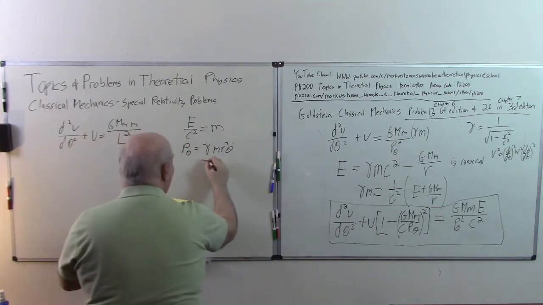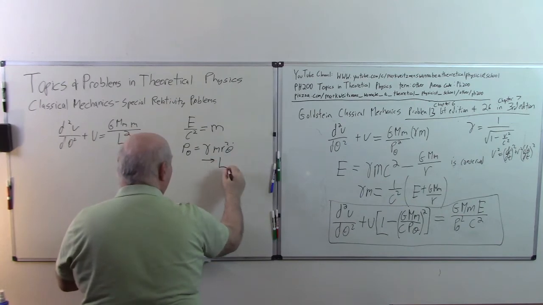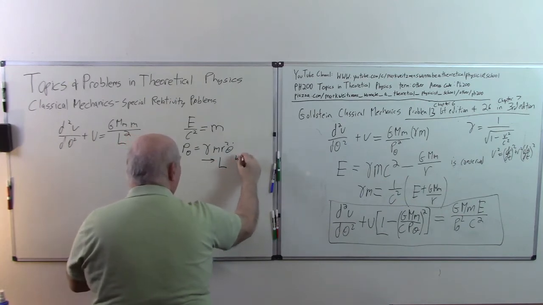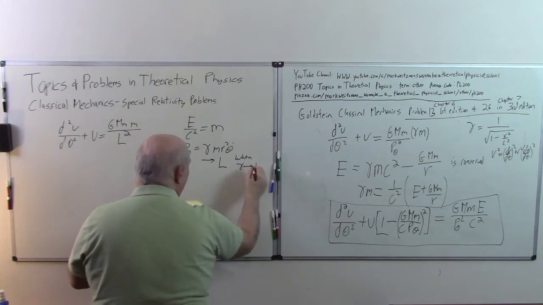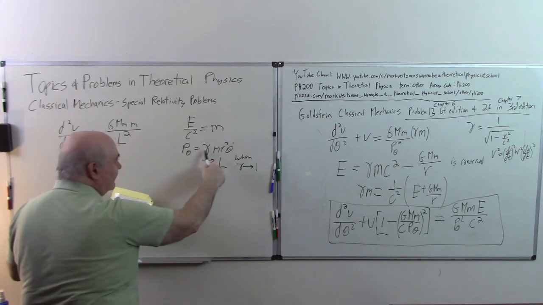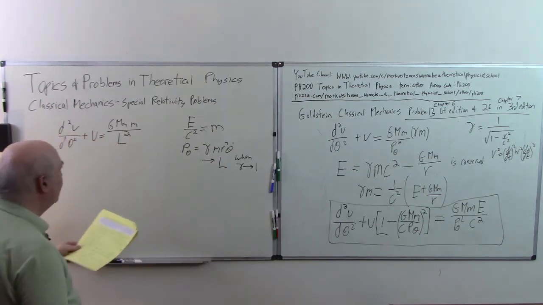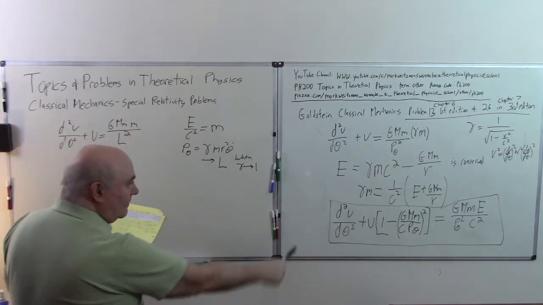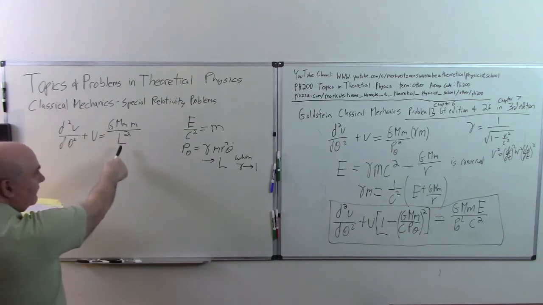And that basically goes to the angular momentum L when gamma goes to 1. Basically, that's the angular momentum, because the mass, you could consider like the relativistic mass as being gamma m. So on the right-hand side, we get the same thing we have here.